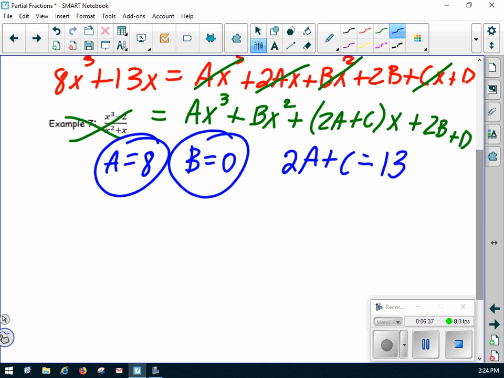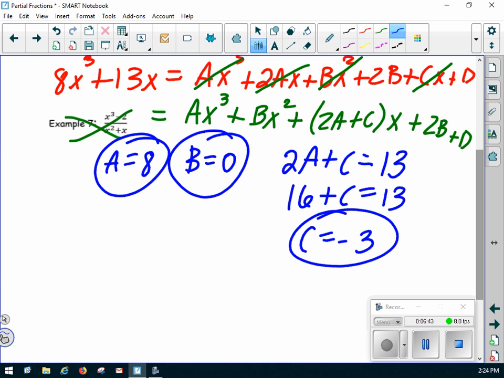Negative 3, because A is 8. What's 2b plus d? 2b plus d is 0. What's D? Yep. D is 0, so this is 0 plus d equals 0.